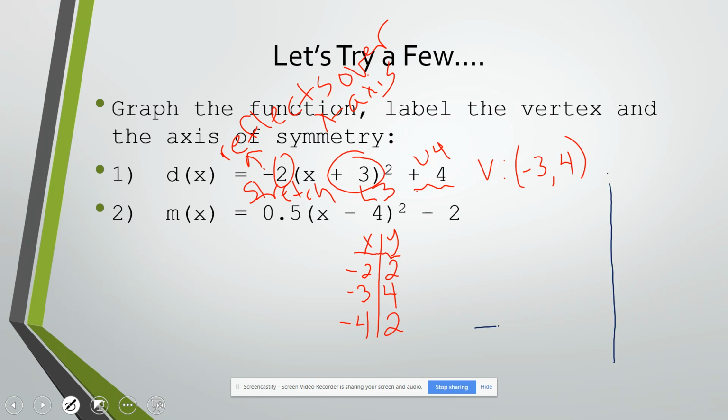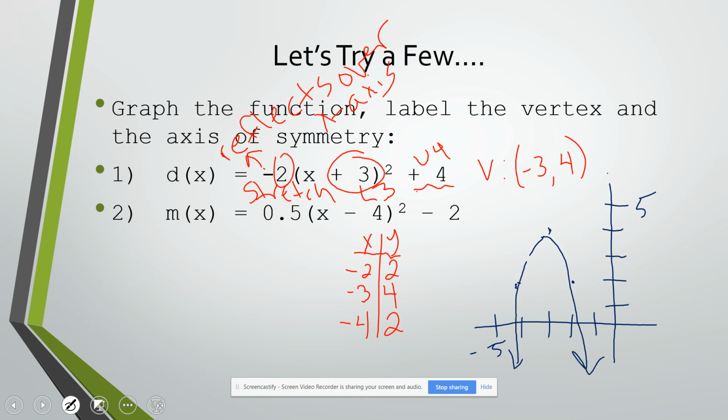Let's sketch this graph. 1, 2, 3, 4, 5. 1, 2, 3, 4, 5. -5, +5. So our vertex is at -3, 4. We know we have a point here at -2, 2 and -4, 2. And we know that our parabola should be facing down because of the reflection over the x-axis.